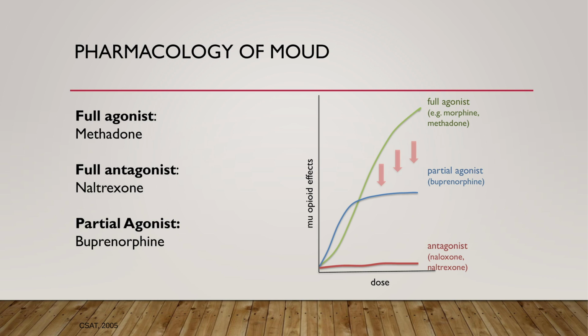On the x-axis is the dose of the medication, and the y-axis is its effect on the person taking the medication. Pretty simplistically, you know that a full agonist like morphine, methadone, hydrocodone, or oxycodone has full activity on the receptor. So when you increase the dose, you get more activity. The patient has more of a pain relieving effect, and more feeling better or euphoria as you increase the dose.